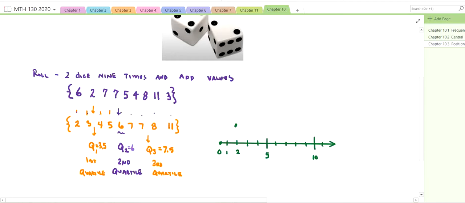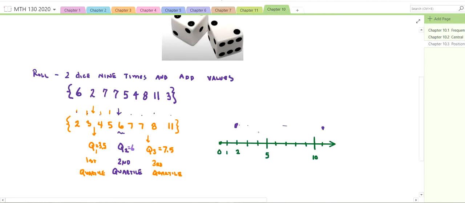Here I've got it marked to 10 and 11. So I'm going to put a dot here for my lowest point, 2, in my data set, and then a dot for my highest point, 10. And I'm going to imagine a line between these two.